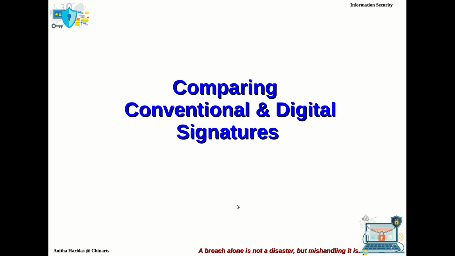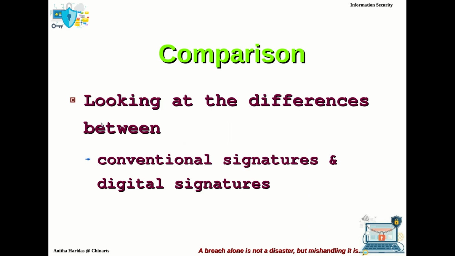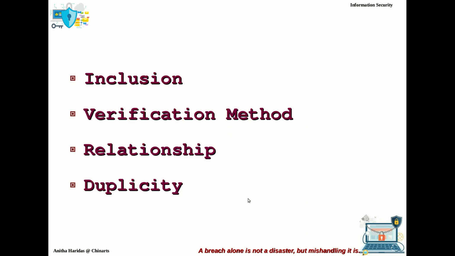So let us compare the conventional and digital signature based on 4 different concepts: inclusion, verification method, relationship, and duplicity.